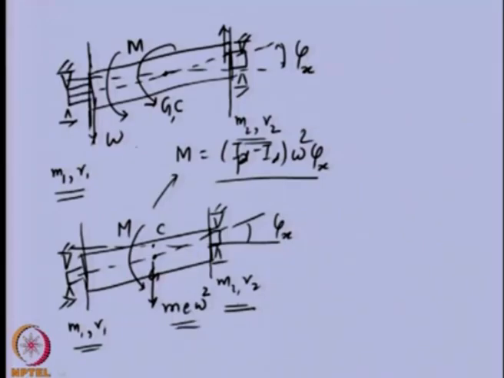For both the previous case and this case, we require only two planes to balance the rotor. This kind of balancing is called dynamic balancing, and because the rotor is rigid, we require only two planes to balance. In a subsequent lecture, we will try to derive these relations when we cover the dynamic balancing of the rotor.